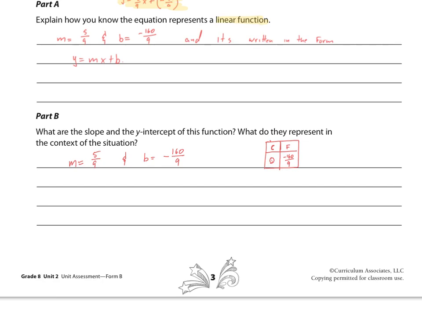So that means that the y-intercept means that when Celsius is 0, Fahrenheit will be negative 160/9.